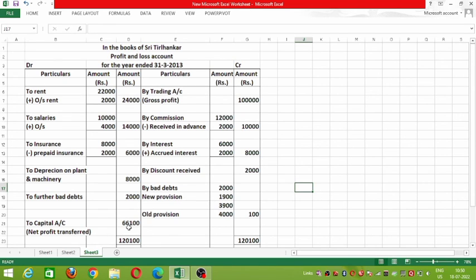So the difference amount is 66,100 because the credit side amount is higher than the debit side. On the credit side we will write all the income and on the debit side we will write all the expenses. Income is more than the expenses, so it is profit for the business. So this net profit will be transferred to balance sheet. In this problem they have asked us to prepare only profit and loss account, so we have got the answer.